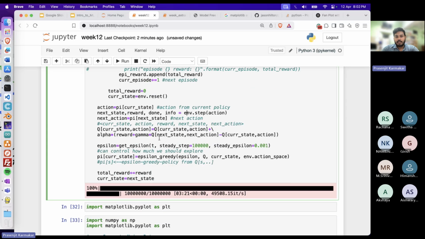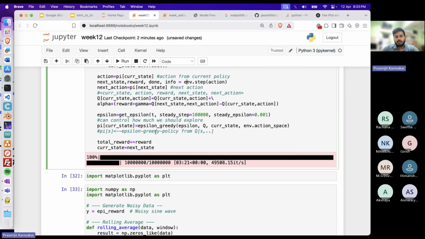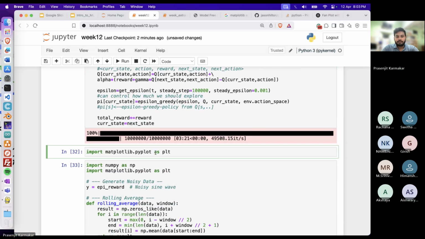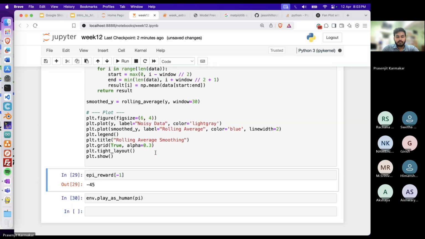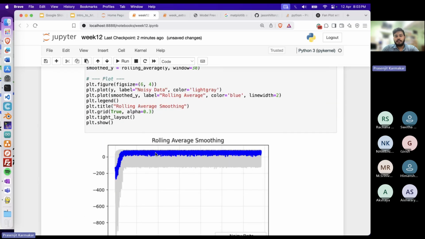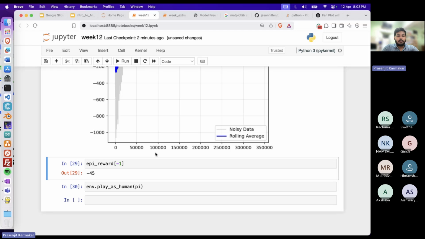Because that takes so many resources, I'm not doing the render. And it converges, fine. The last reward it is 67.